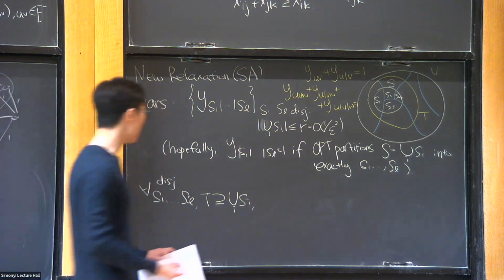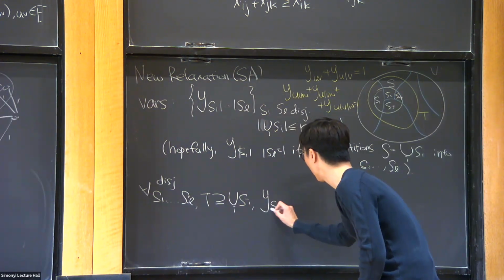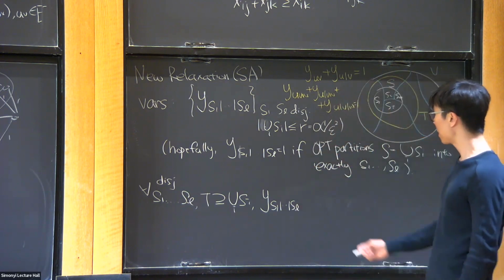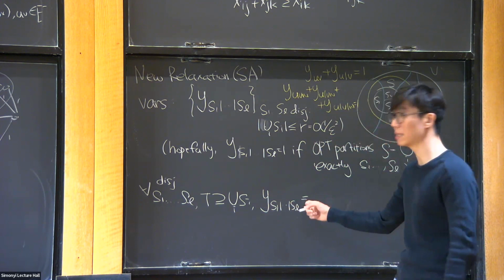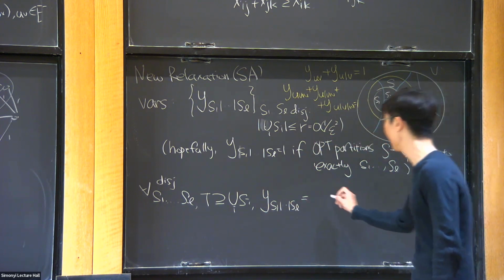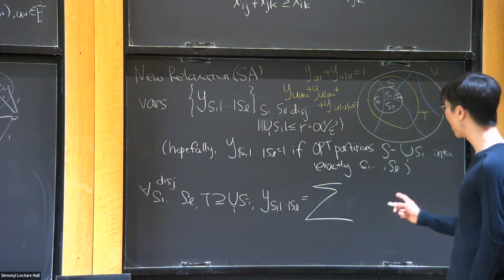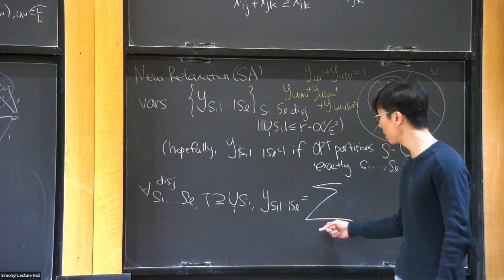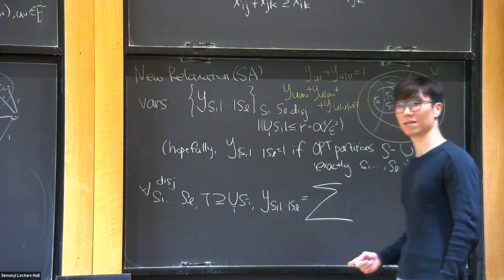Suppose that I know the value of y for S1 bar through SL. That's my information for S. But that should be consistent with what's happening in T. So then it's going to be a big summation, summing over all the partitions of T that are consistent with S1 through SL.